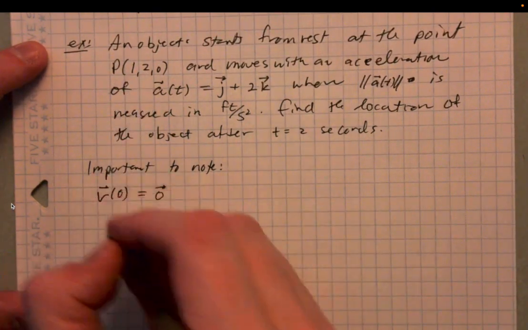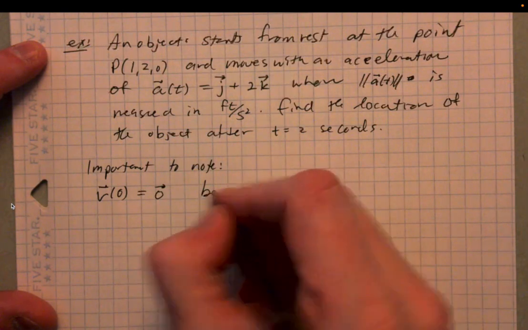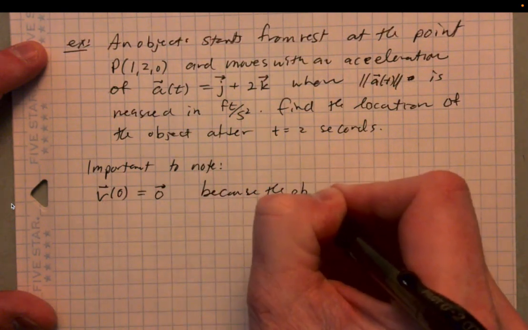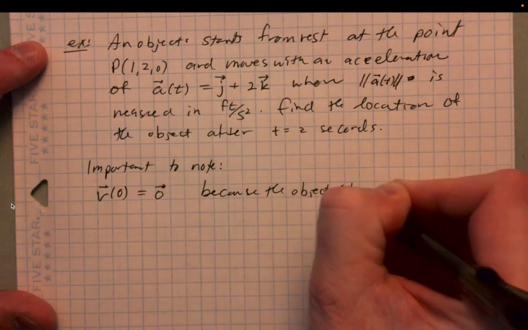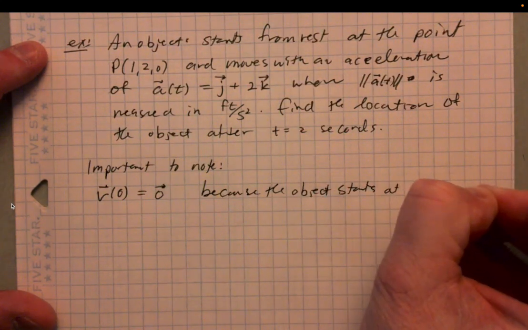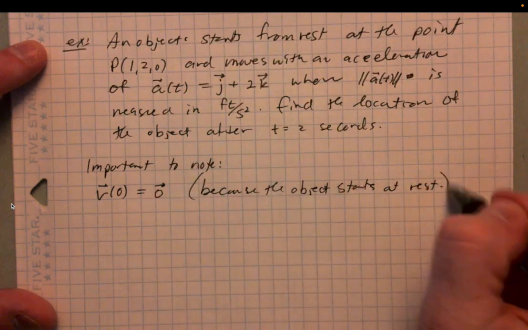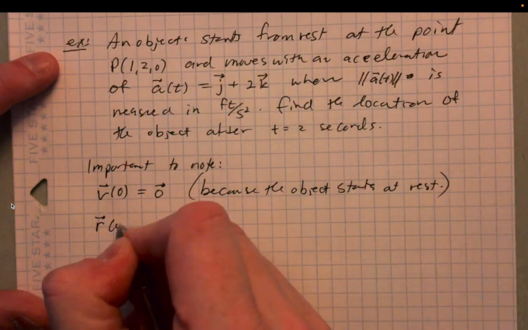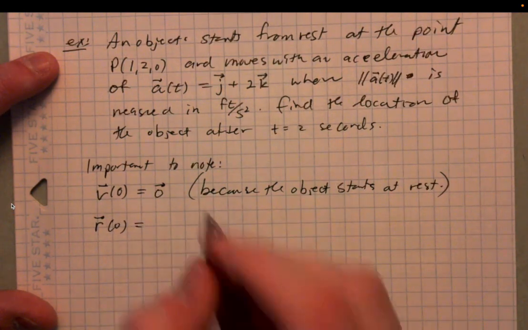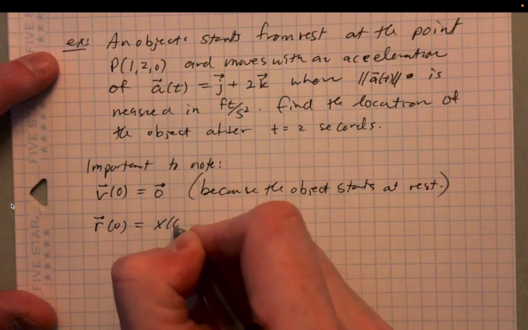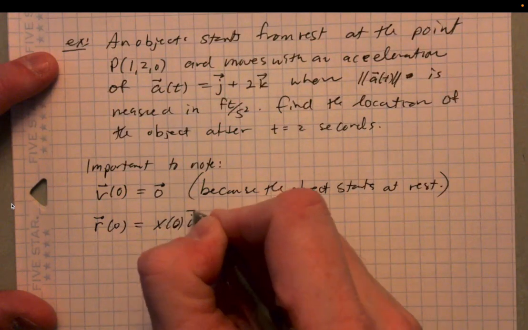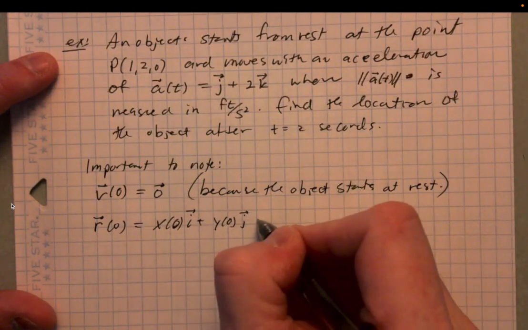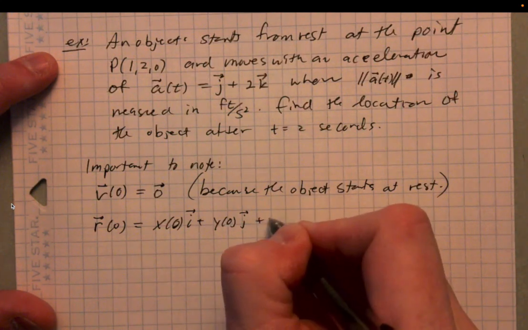I'll put why this is true: velocity at 0 is equal to 0 because the object starts at rest. Okay, that's kind of the reason. And then we also know the position at time 0. Right, we're told that. Specifically that's going to be some vector valued function evaluated at t equals 0.